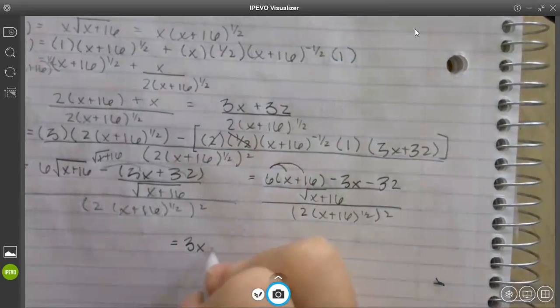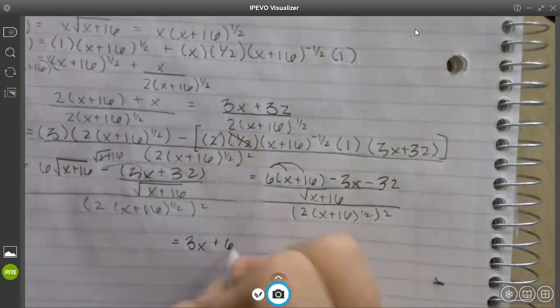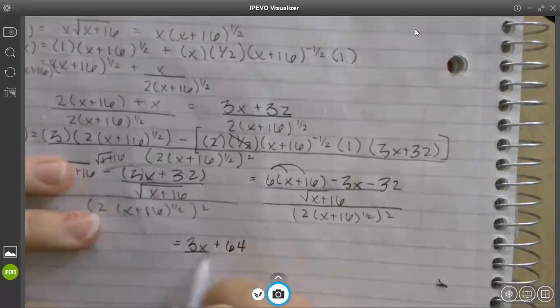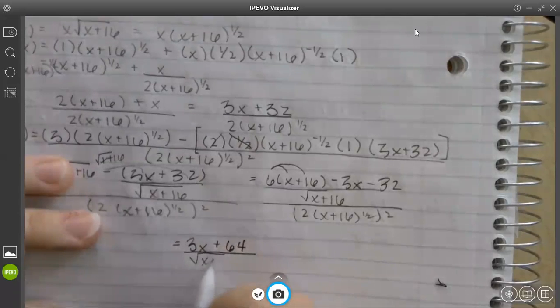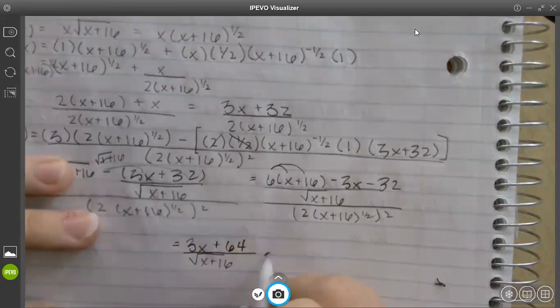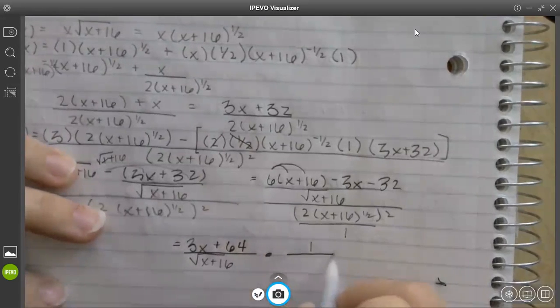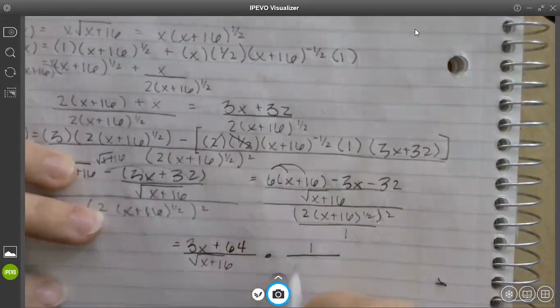96 minus 32 is 64. Is everybody good? On the bottom, I have the square root of x plus 16. We're going to flip and multiply. What is 2 squared?